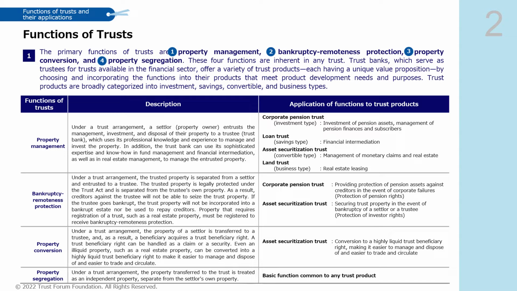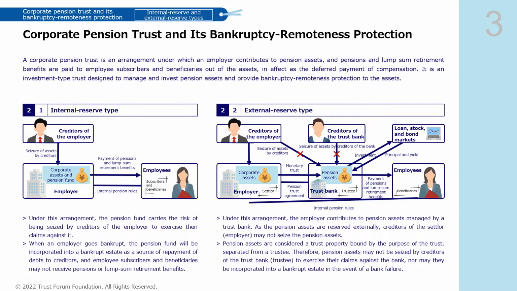Let me begin with a trust investment function, which is one of its property management functions, and its bankruptcy remoteness protection, which makes a trust distinct from other property management schemes. When you think about trusts, what comes to your mind first may be securities investment trusts or pension trusts.